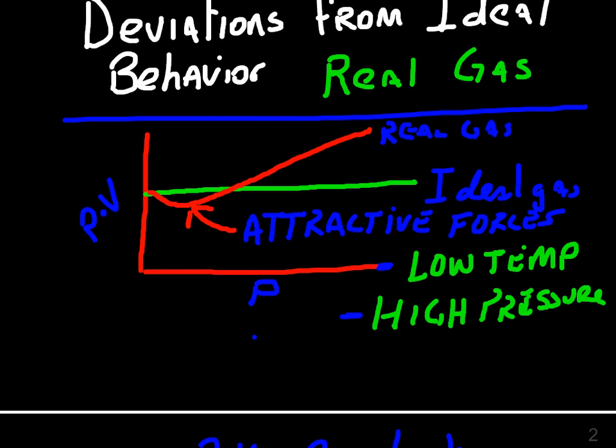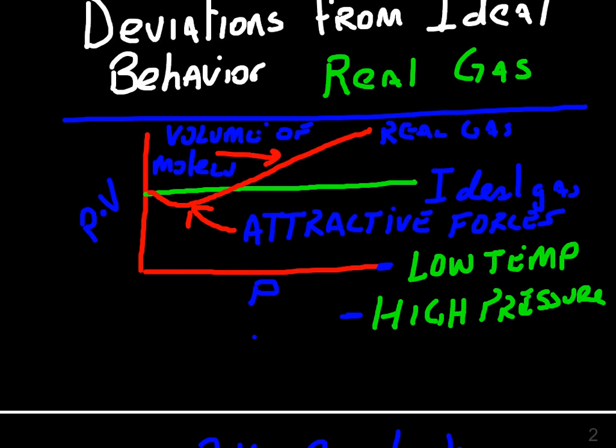Now I keep going on the other part of the curve, this part up here. Now I'm deviating above: my volume is greater than is predicted by ideal gases, and this is due to the actual space gas molecules take up. So this is the actual volume of molecules, or atoms, if it's a noble gas.